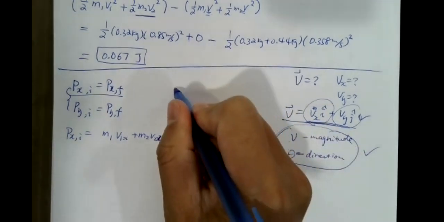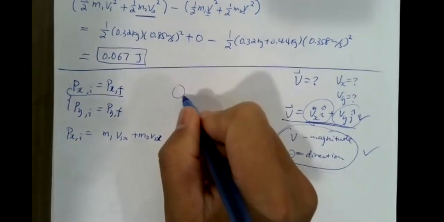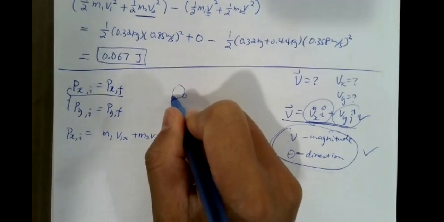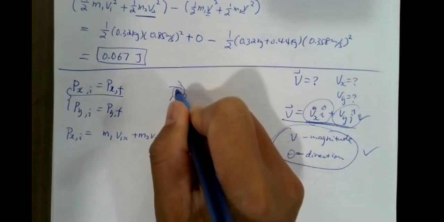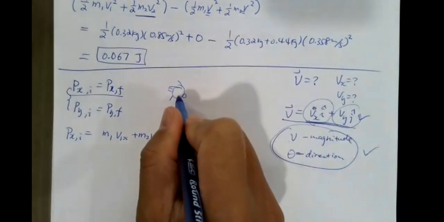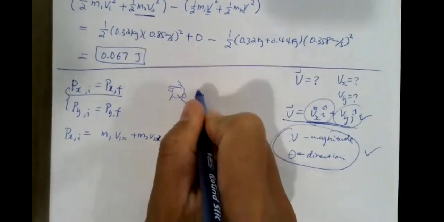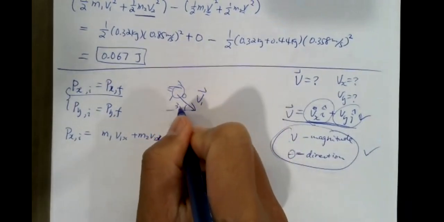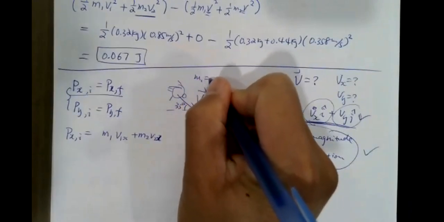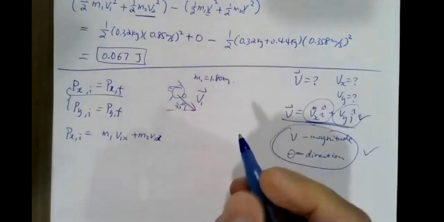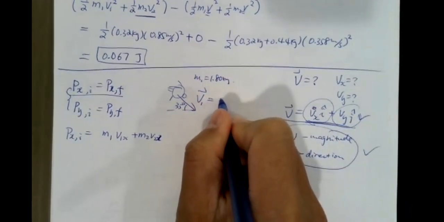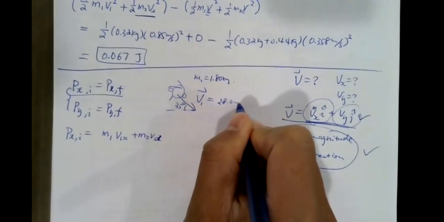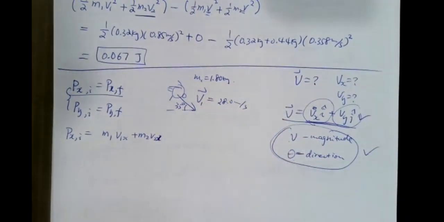Now the Falcon, I don't think I'm good at drawing birds, but you can imagine it like that. So V1 is in that direction at 35 degrees, and M1 is 1.8 kilograms. This is 28 meters per second for the magnitude, and that's the direction.